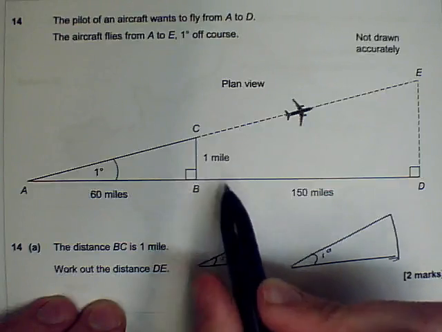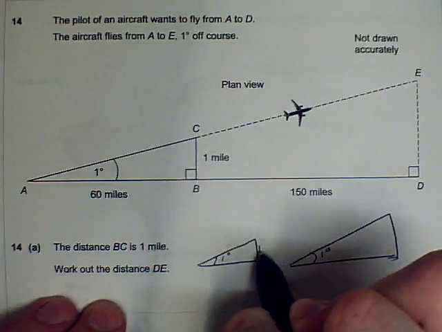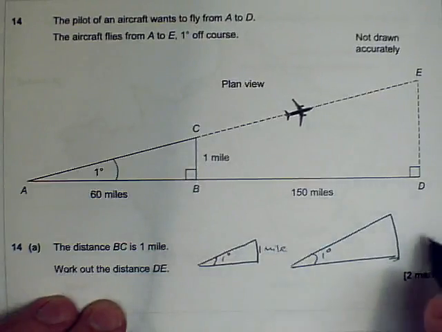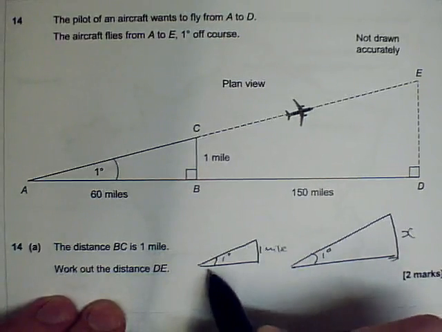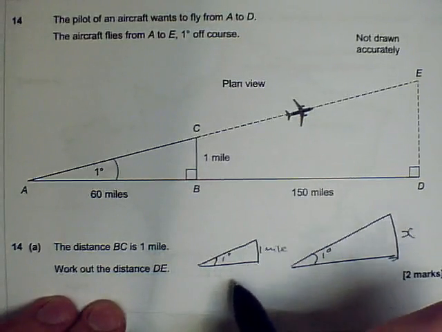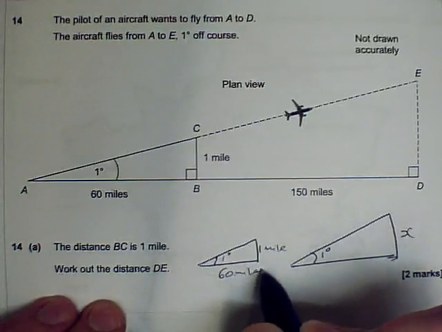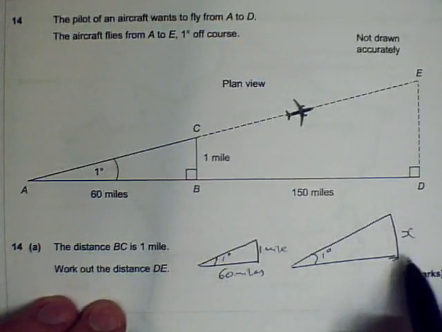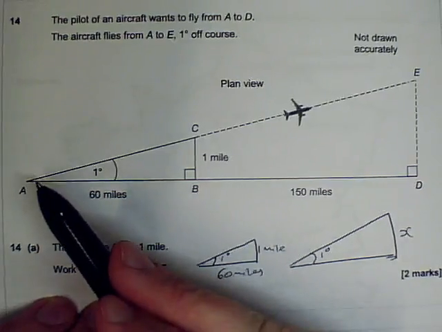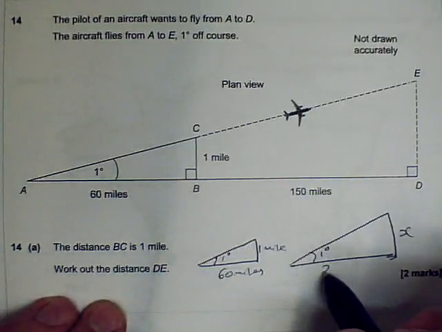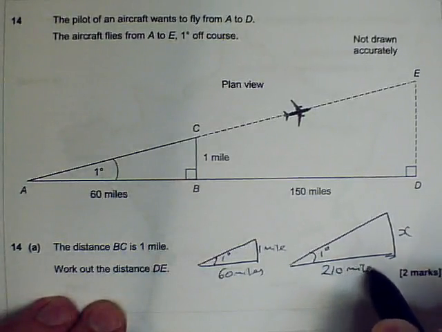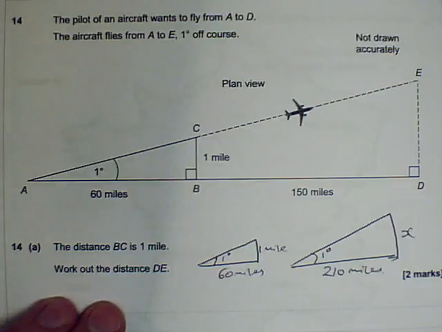We know in the smaller triangle, this is 1 mile. This we don't know. And we know on the smaller triangle, this distance is 60 miles, whereas on the bigger triangle, remember, it's the whole thing. It's 60 plus 150, so it's 210 miles.